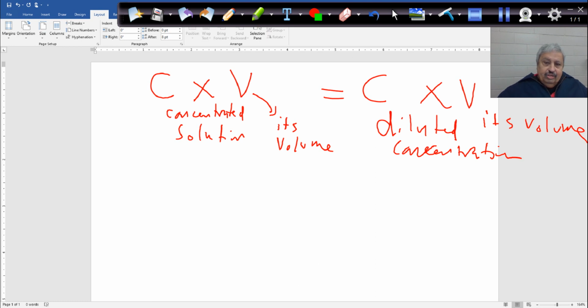But anyway, some textbooks don't like this formula with the C. They put M as molarity.